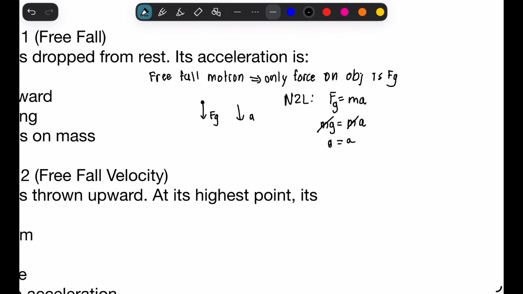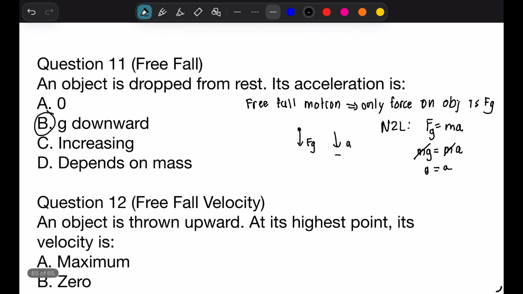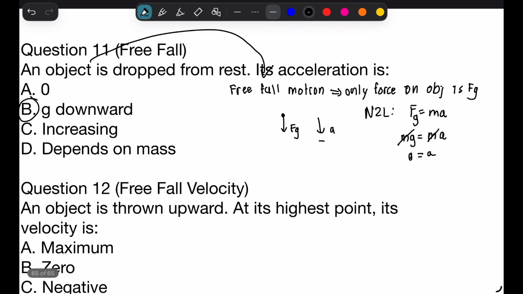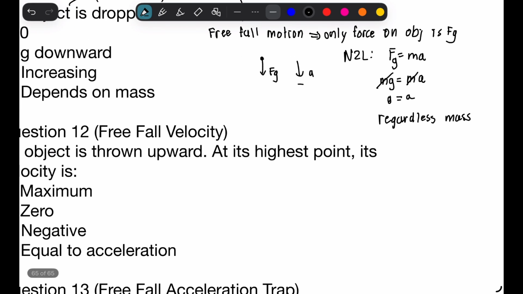The acceleration is in the downward direction since we are moving down. It's accelerating downward, so the answer is going to be B. All objects in free fall are going to accelerate downward at the gravitational constant g regardless of mass, because our mass cancels out of our equation.